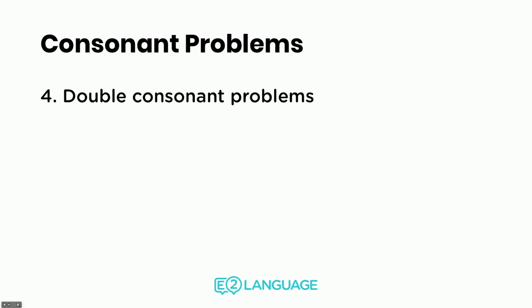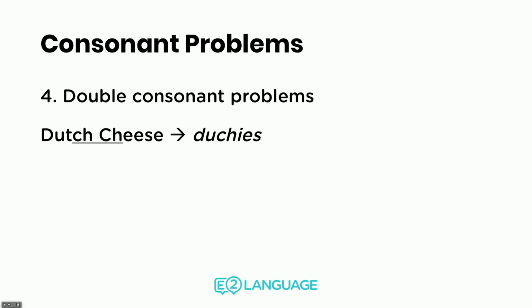Okay, number 4. In English, if we're saying two of the same consonant sounds like ch and ch, as in Dutch cheese, we distinguish between the two. I say, can I have some Dutch cheese, please?